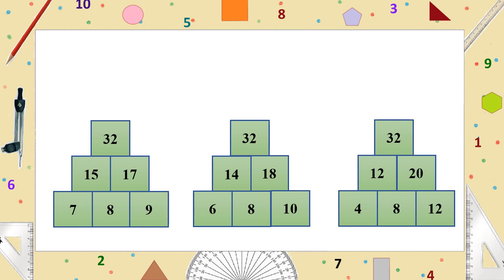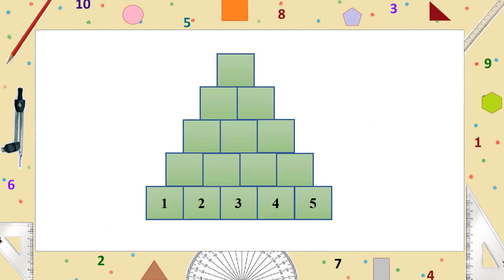Now let's check if this same relation exists for 5 numbers at the bottom layer. Let's take 5 consecutive numbers. Here the bottom layer numbers are 1, 2, 3, 4 and 5.